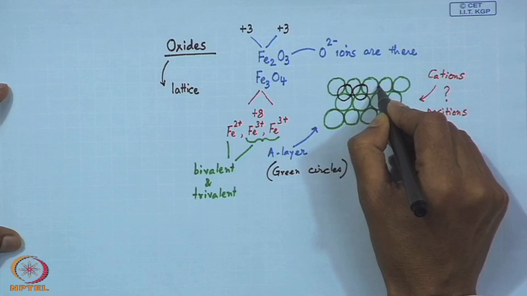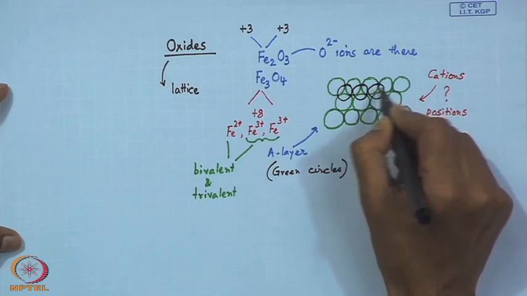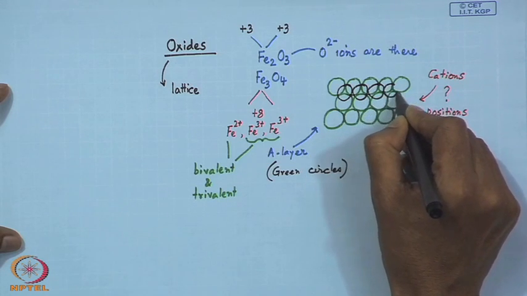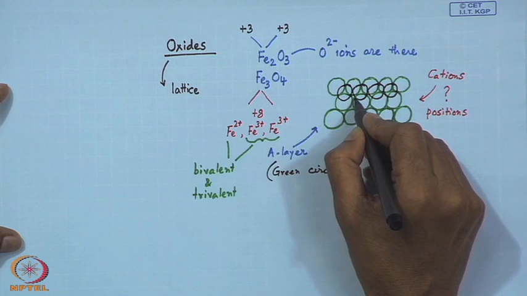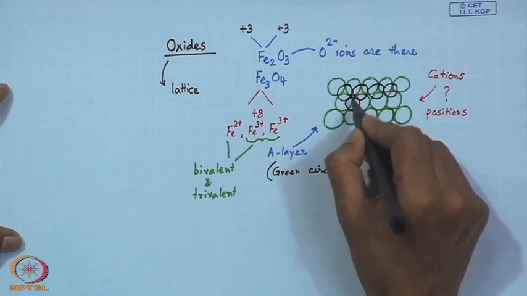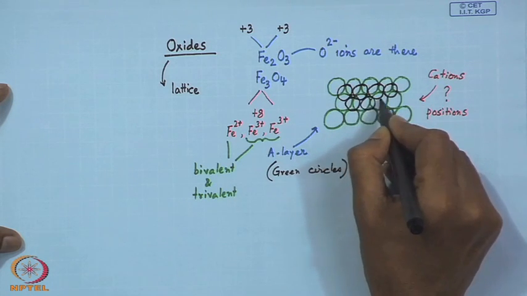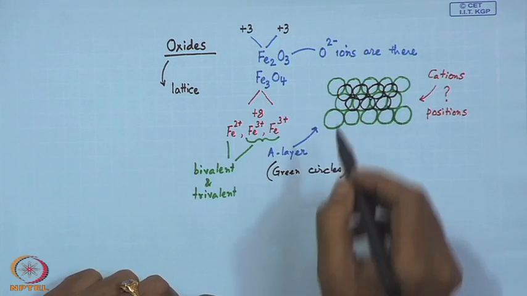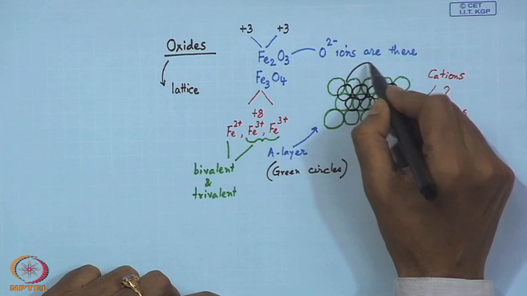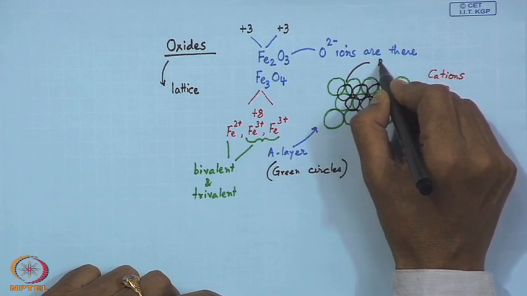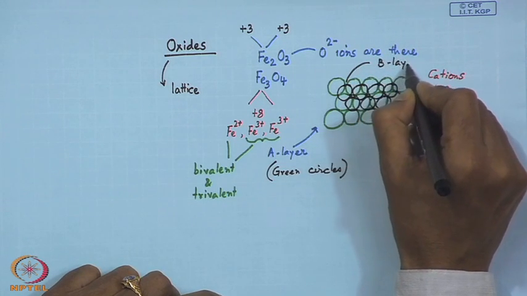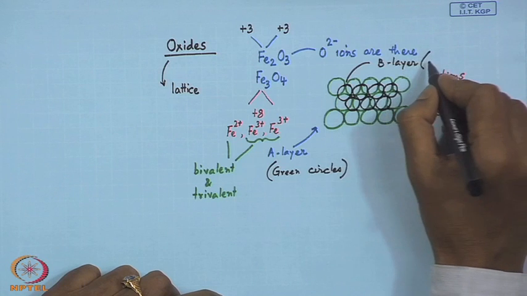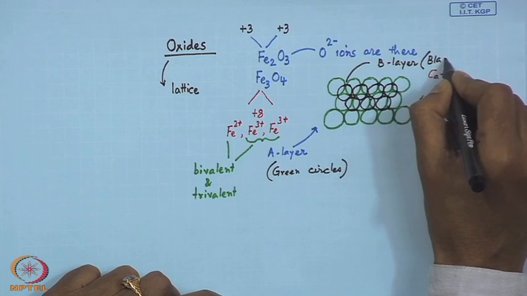So, we can have the B layer also like this, which are black circles.